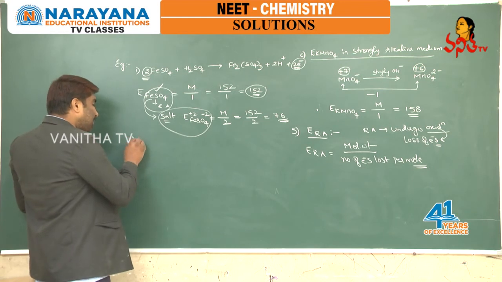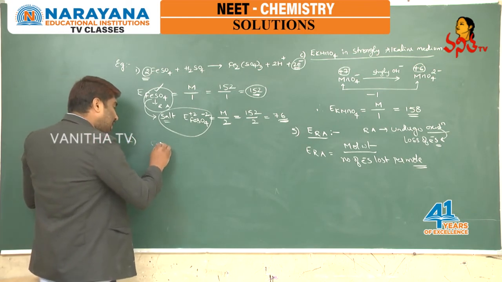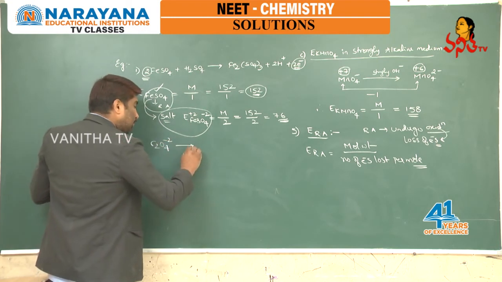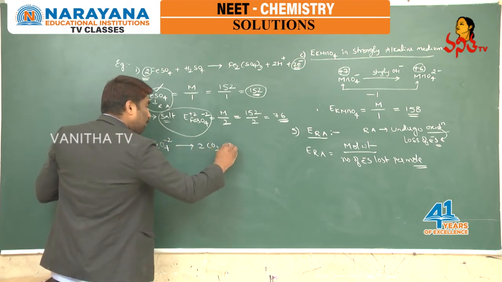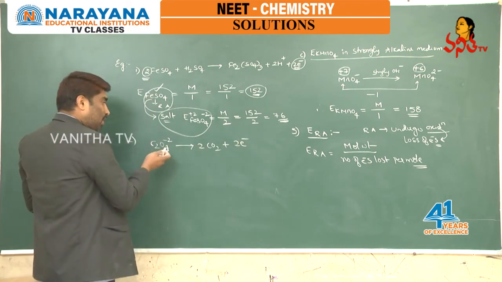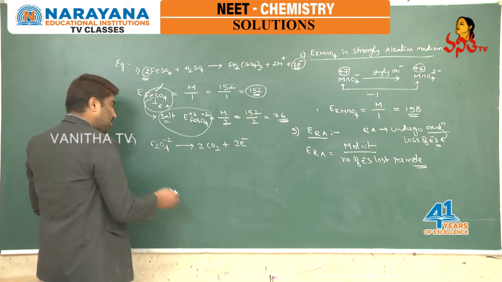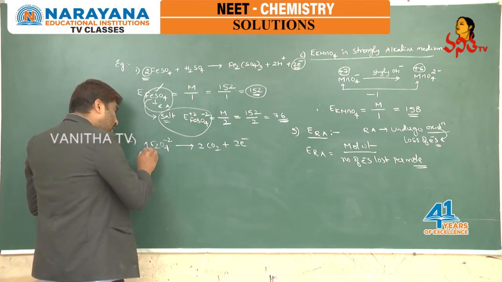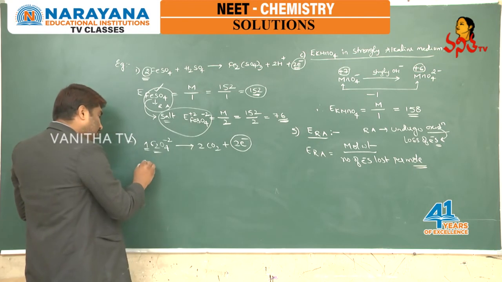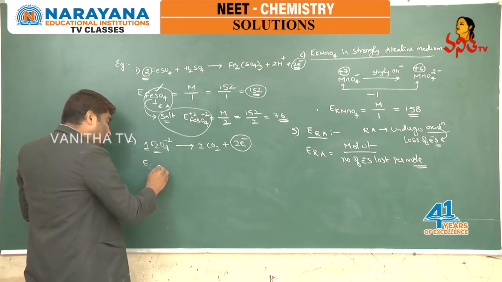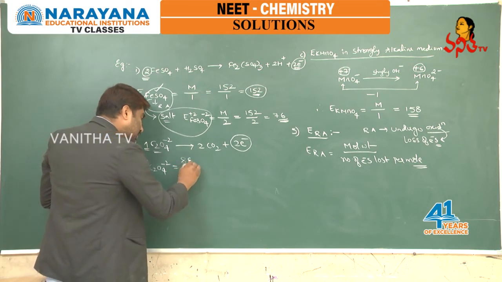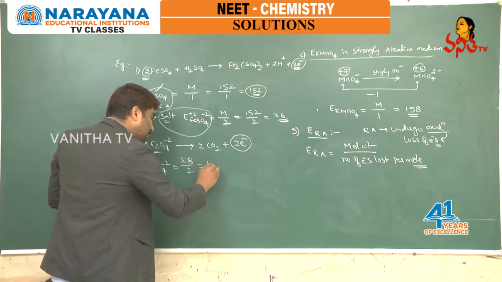And the second example, oxalate ion C2O4 2- giving 2 moles of CO2 plus 2 electrons. 2 carbons, 4 oxygens, balanced with 2 electrons. That means 1 mole of oxalate ion is losing how many electrons? 2 electrons. Therefore, the equivalent weight of oxalate ion is 88 by 2, that is 44.